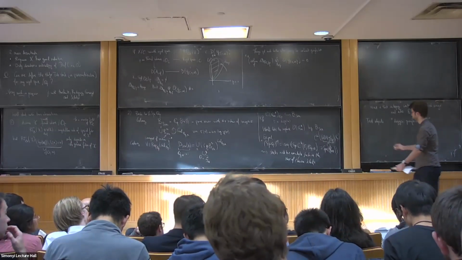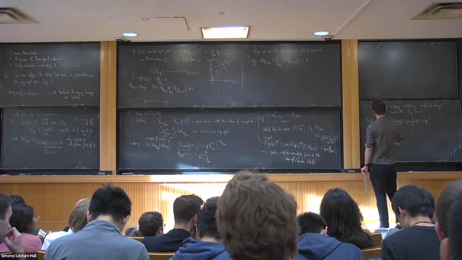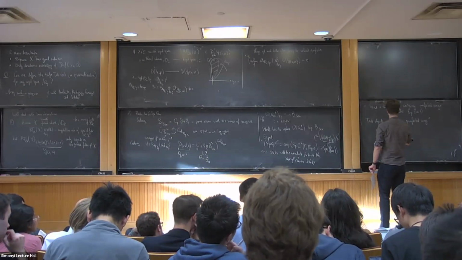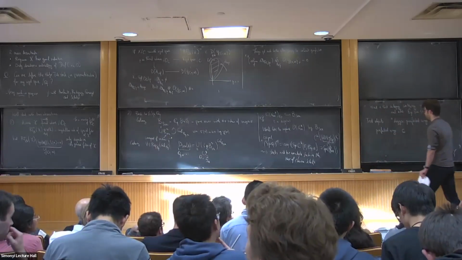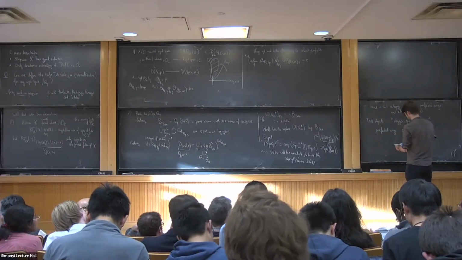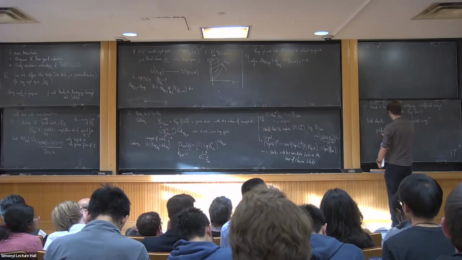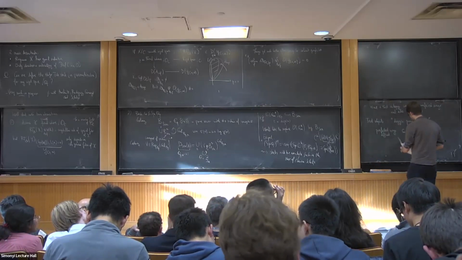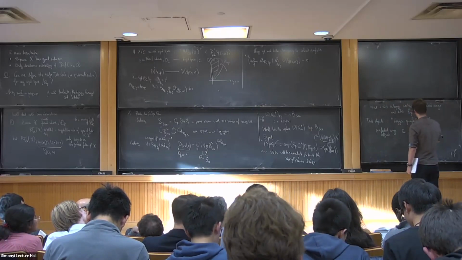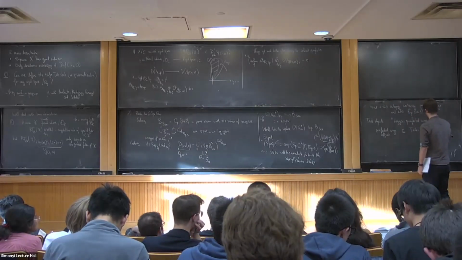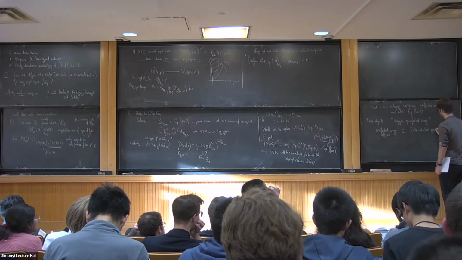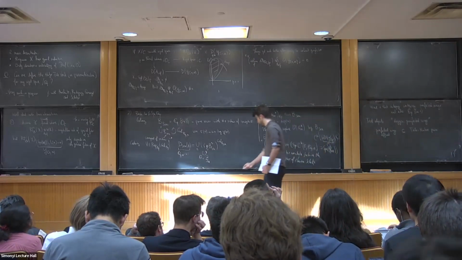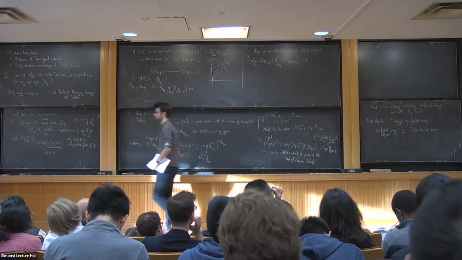So perfectoid rings, let's say usual perfectoid rings, form a subcategory of the category of Tate rings, which are Huber rings with topologically nilpotent units.